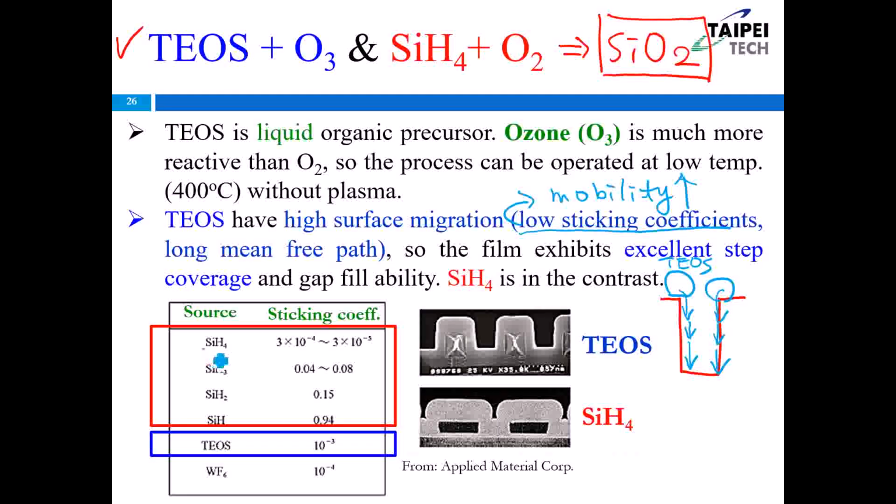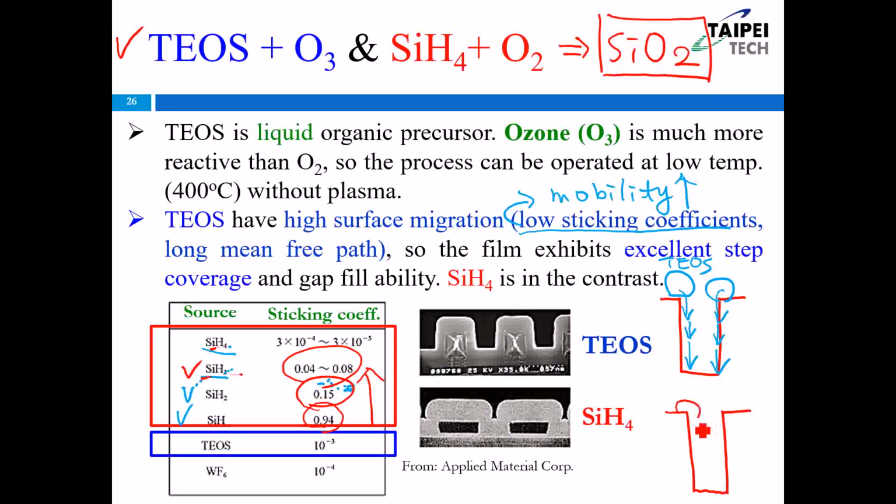Although SiH4 is lower, SiH3 is also lower, you see SiH2 and SiH, those two sticking coefficients are higher, and maybe this one too. So what does that mean? Today we also have the trench here.